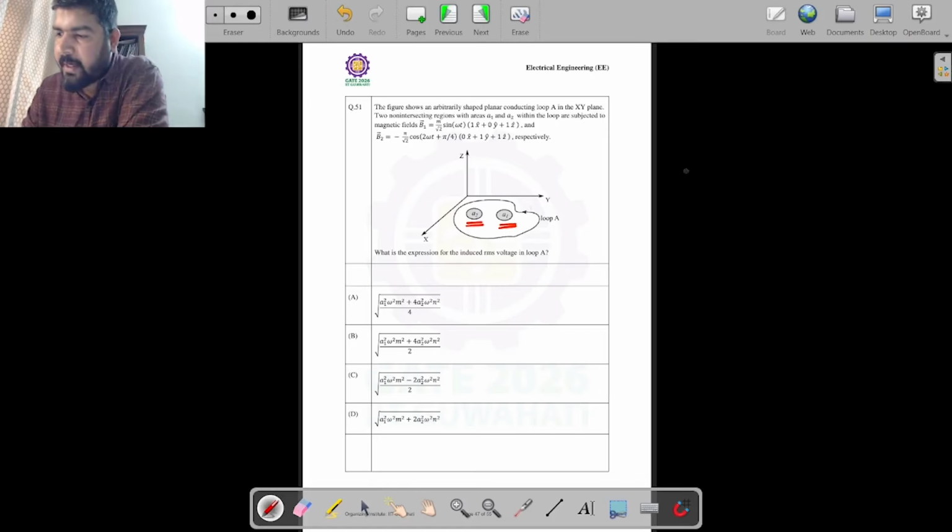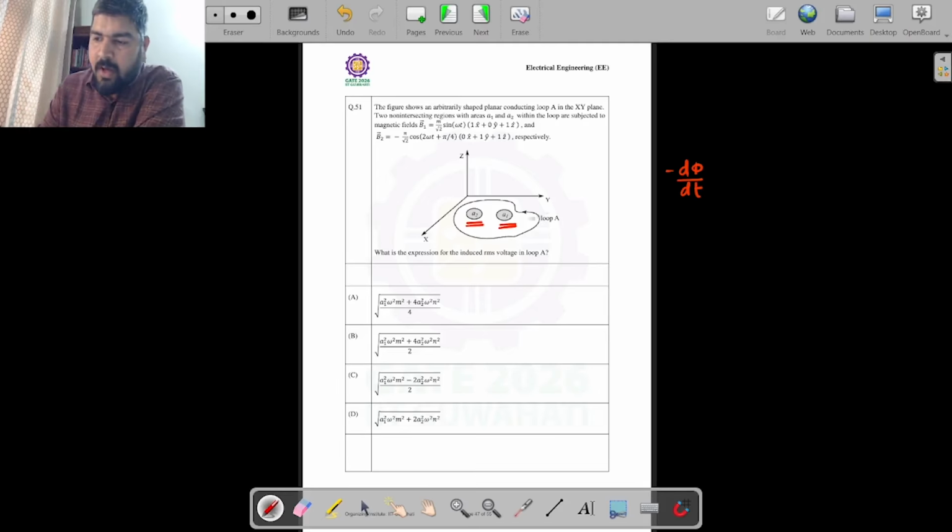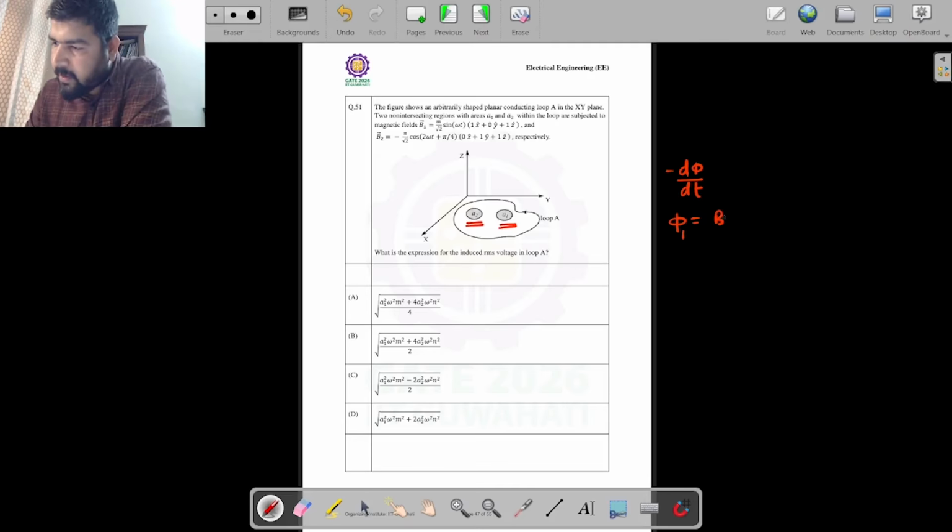So we know that the induced voltage is minus d phi by dt. Okay, so in this outer loop, what is the total flux phi? So phi will be equal to the flux through this area A1 plus the flux through this area A2. Now what is the flux through this area A1? Let's call it phi 1. So phi 1 is B1 dot A1. A1 is in the k cap direction. I am assuming that the orientation is in this direction.